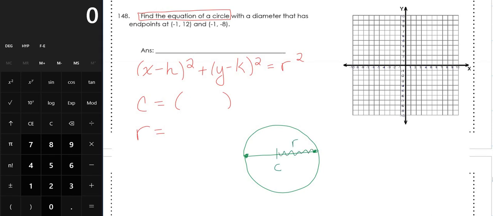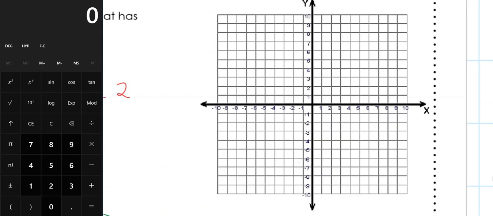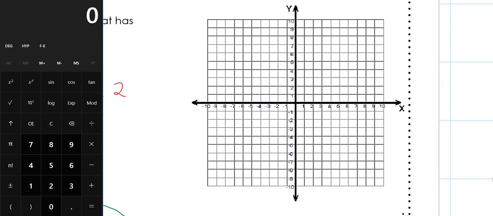So let me go ahead and look at the graph and see if I can come up with the center and radius to this circle. If I have (-1, 12) as one point, let me zoom in. That's going to be a little bit off the graph, so we're going to go right here. And then our second point was at (-1, -8).